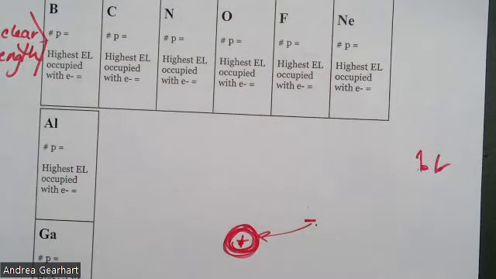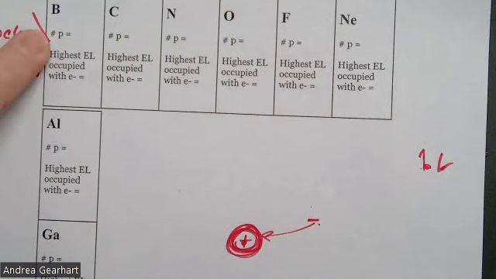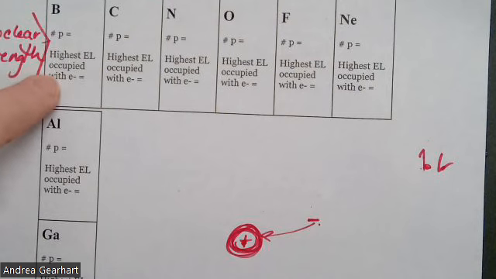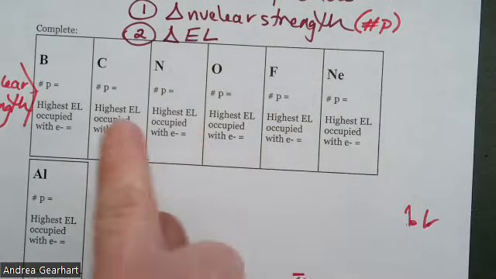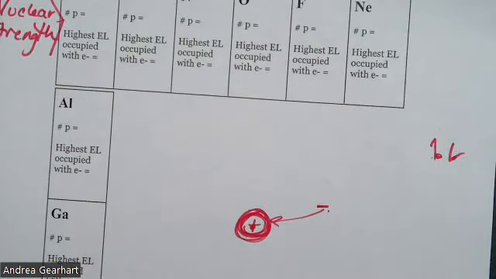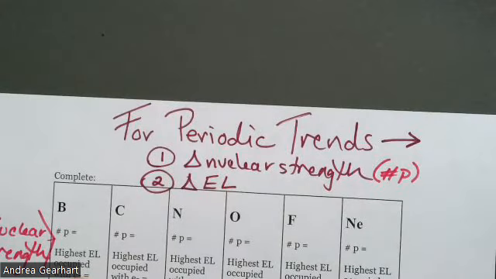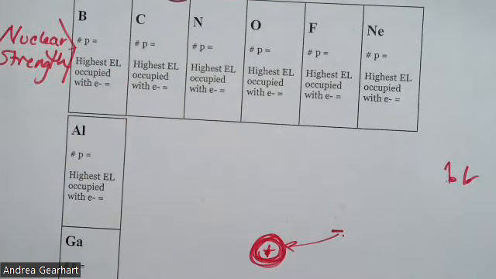And so if we could imagine, like picture in your head a nucleus, and then what does it mean when this is 2 versus 3 versus 4, and so on. So nuclear strength increasing, nuclear strength increasing, both directions. But here, electrons added to the same energy level, here, consecutively far energy levels.